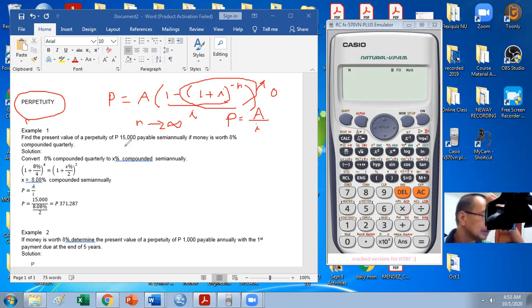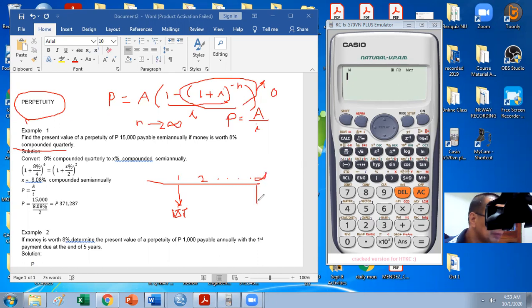Okay. So here, find the present value of the perpetuity 15,000 payable semi-annually if money is worth 8% compounded quarterly. Pag sinulat mo yung perpetuity na yan, that is 15,000, paying semi-annually, so 1, 2, and so on, up to infinity.